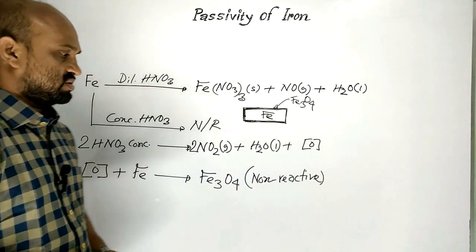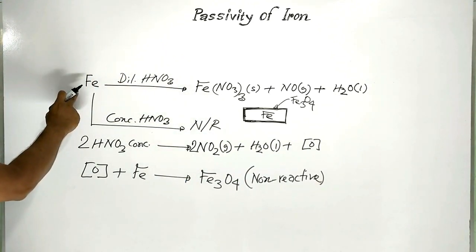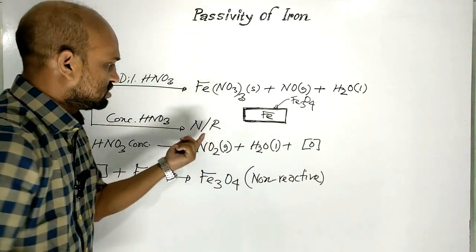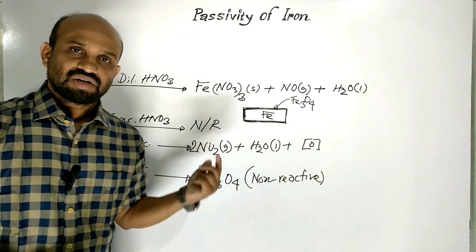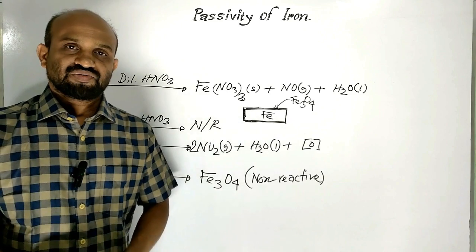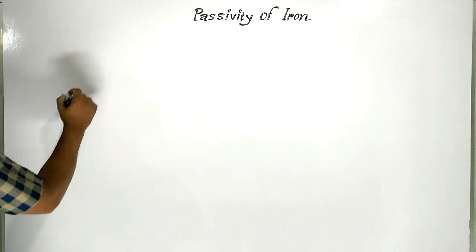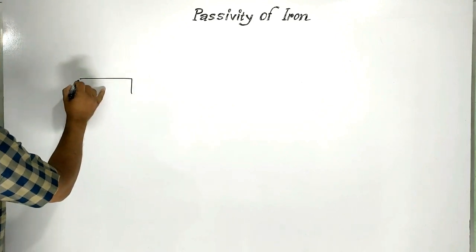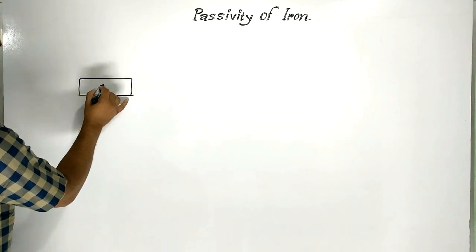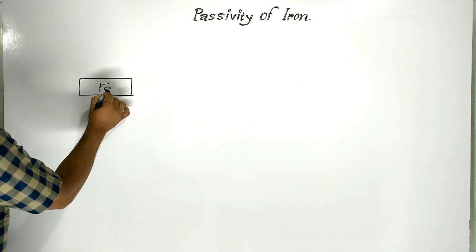As a result, iron acts as inert metal, non-reactive metal, because of the formation of iron oxide. Suppose this is a piece of iron metal.